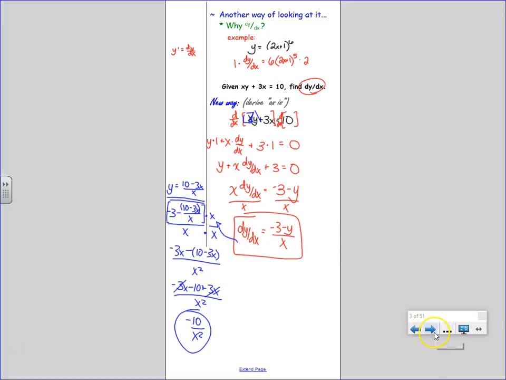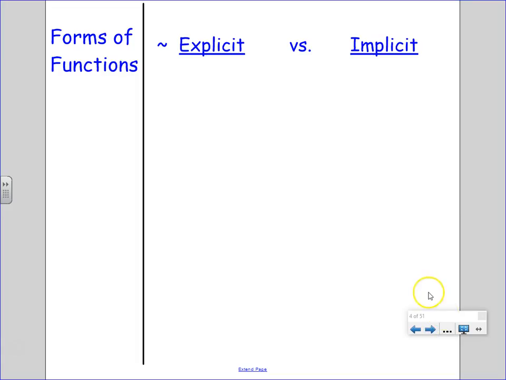Now, let's keep going. I solved an example, but we still haven't written down exactly what I did, how I did it, why I did it. So, let's first of all review real quick the difference between explicit formulas and implicit formulas. Explicit, in general, is in terms of one variable. I'm just going to say one bar. You know what bar is, right? Bar is variable.